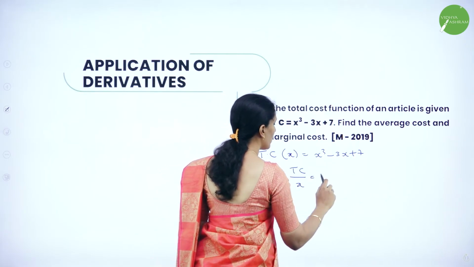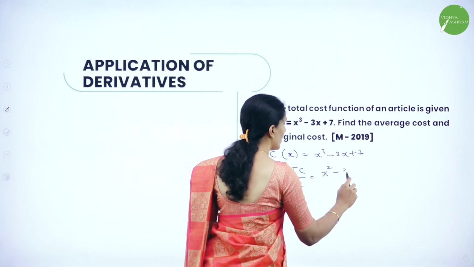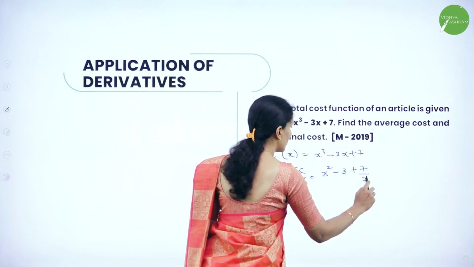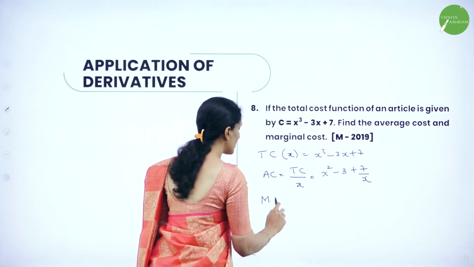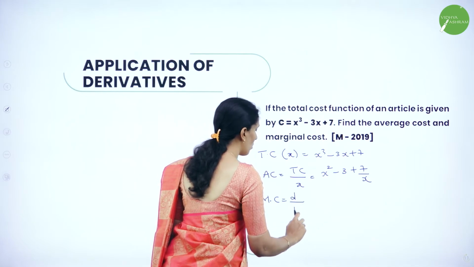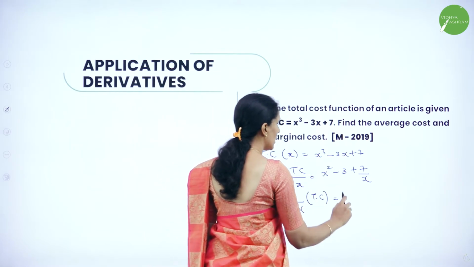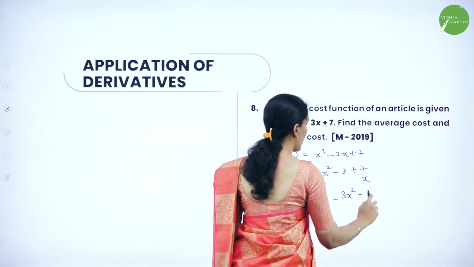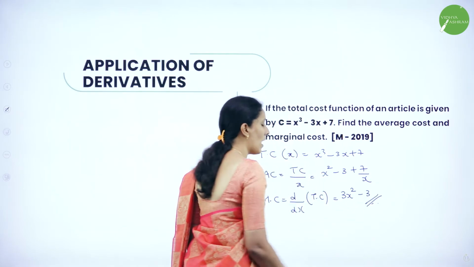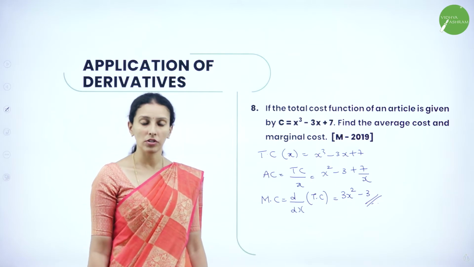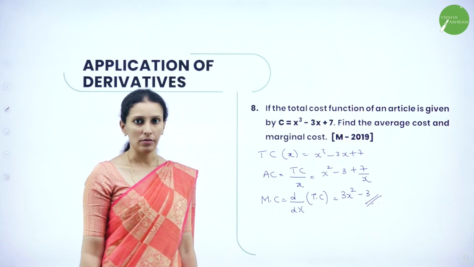So divide the equation by x, you will get x square minus 3 plus 7 by x. And marginal cost is derivative of total cost function. So you have to derive the total cost function, that is 3x square minus 3. So this is the marginal cost and average cost of the given function.